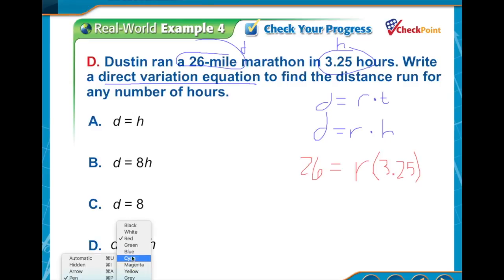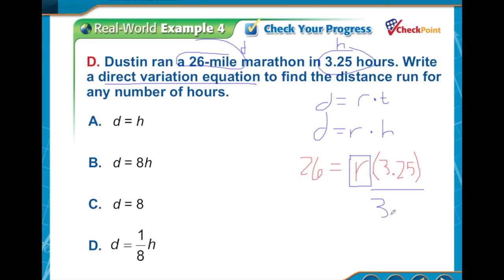So notice here is our r, this is our variable. We want that by itself, so we will get rid of this 3.25 via division. We can cancel this out, and on the left we're going to get a number. So if we divide 26 by 3.25, we would get 8, and that is our rate.